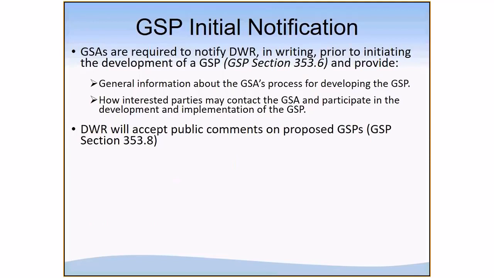That is the regulation section 353.6. And the regulations have requirements to provide general information about the GSA's process for developing the GSP and how interested parties may contact the GSA and participate in the development and implementation of the GSP.